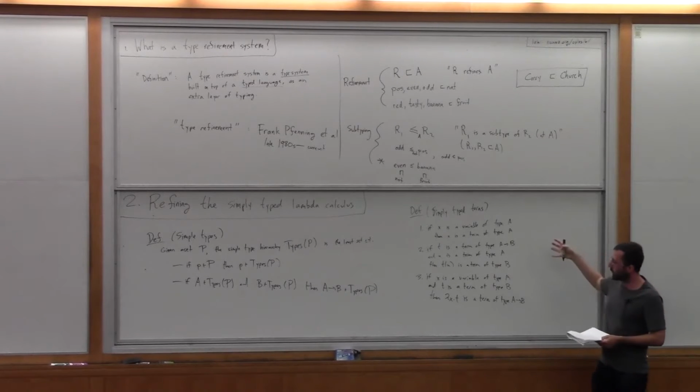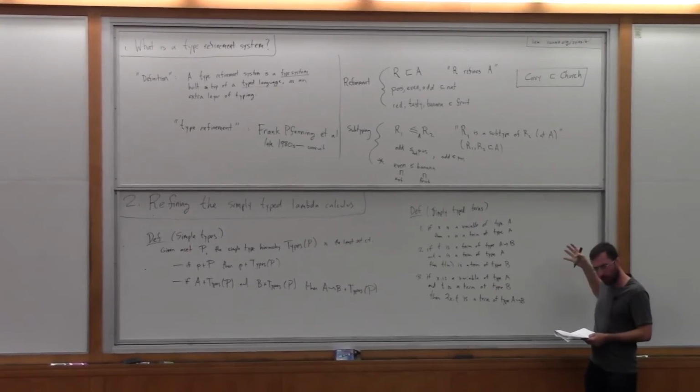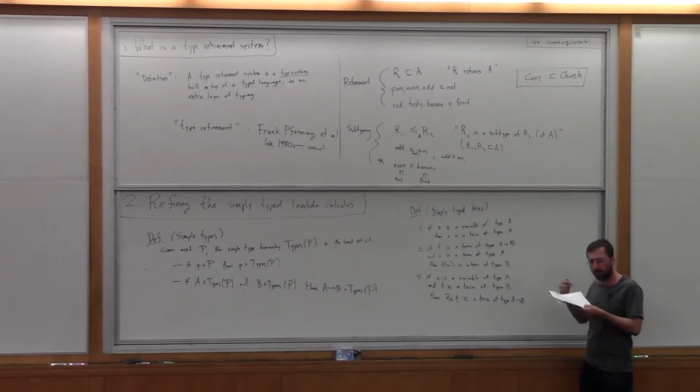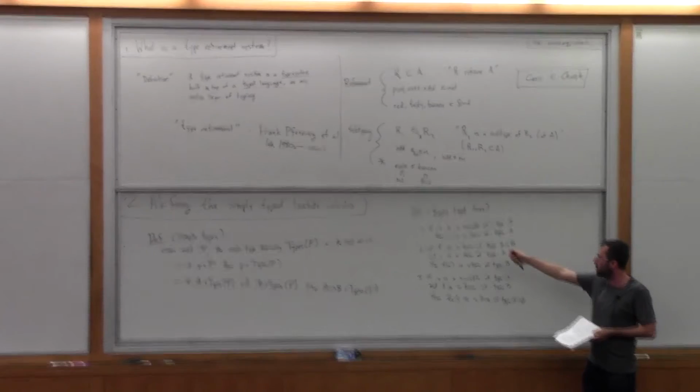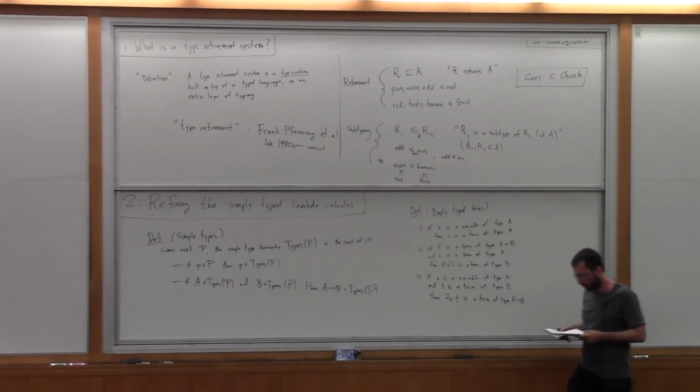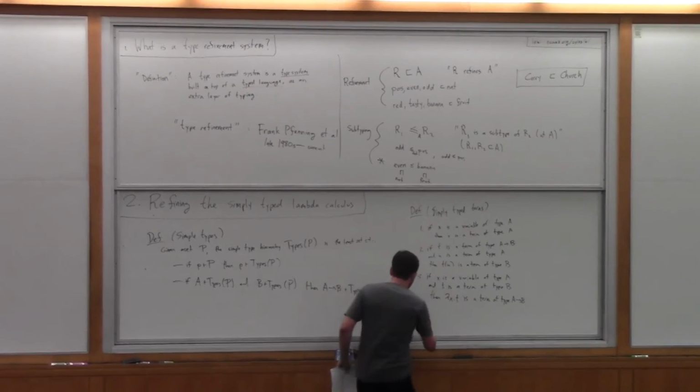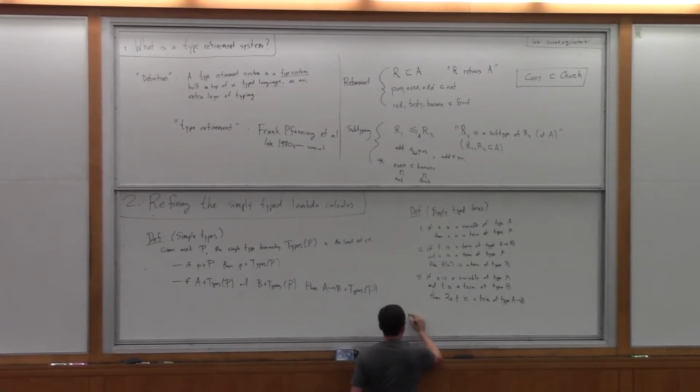I just wanted to give this kind of pedantic definition. With this style of definition, we define the terms of a given type. Every term has a specific type. It's a term of type A. I'm going to write just typical notation.